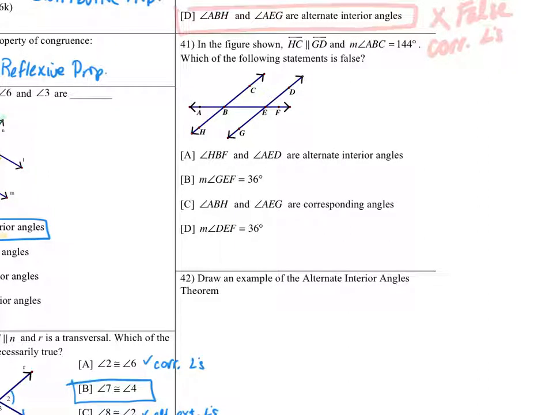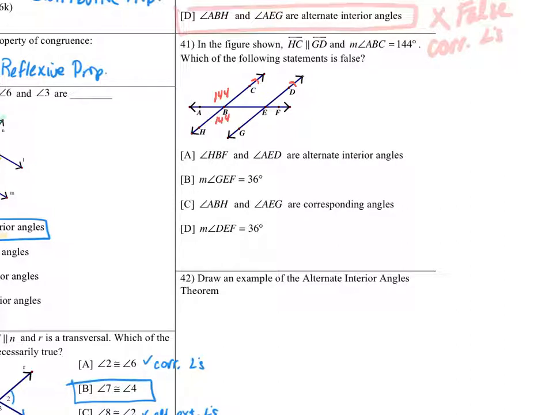In number 41, it says, in the figure shown, HC is parallel to GD, so we've got parallel lines being cut by a transversal, and angle ABC has a measure of 144. It says, which of the following statements is false? So similar to the last one, because the lines are parallel, we can find all the special angle pair relationships.